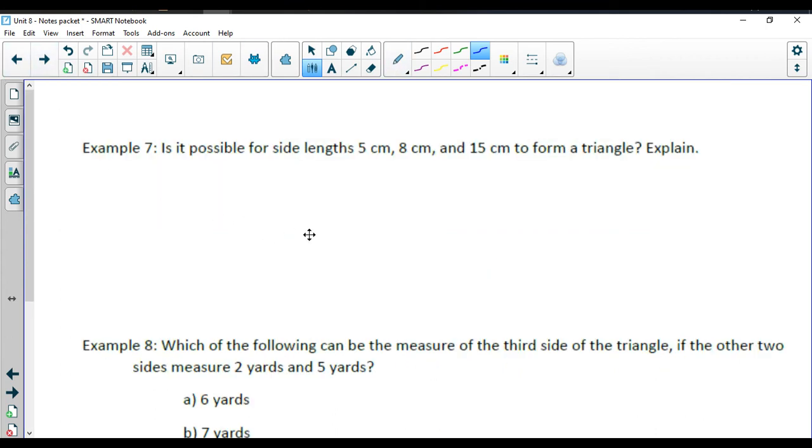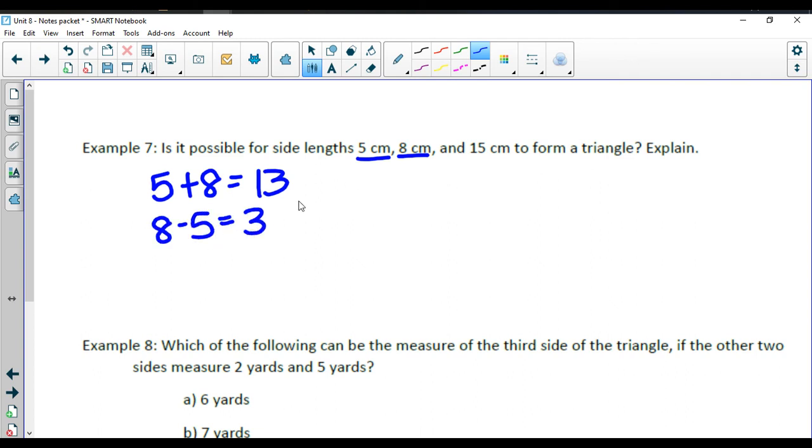Taking a look at example number 7, is it possible for side lengths 5, 8, and 15 to form a triangle? You can pick any 2 numbers, but I'm just going to pick the first 2. Add them together, which will give you 13, and subtract them, which is going to give us 3. So our third side has to be somewhere between 3 and 13. Is 15 in between 3 and 13?